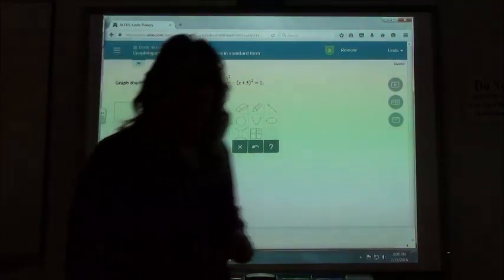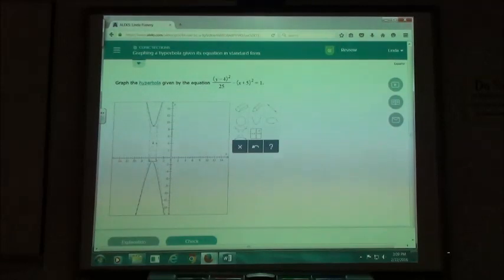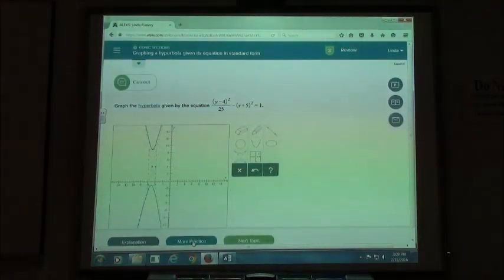It doesn't want me to click check. I must have to check with my mouse. Maybe it's just really slow. So if I check that, it says, yep, that's good.